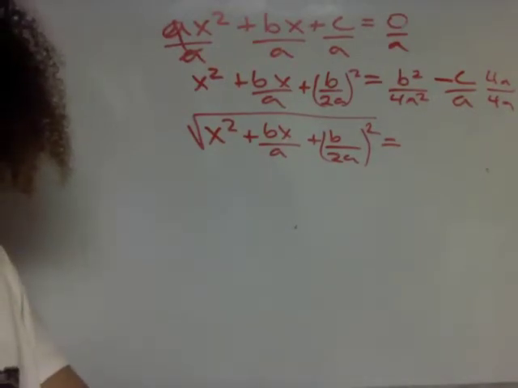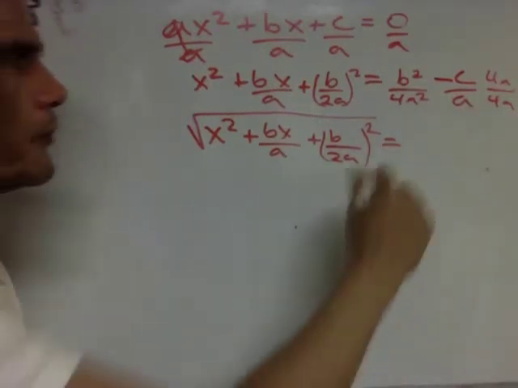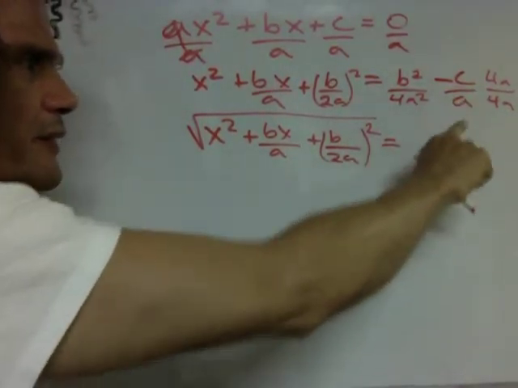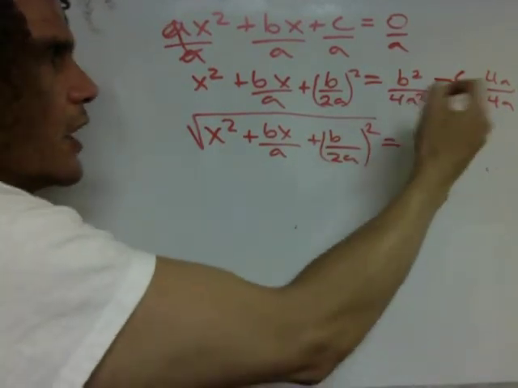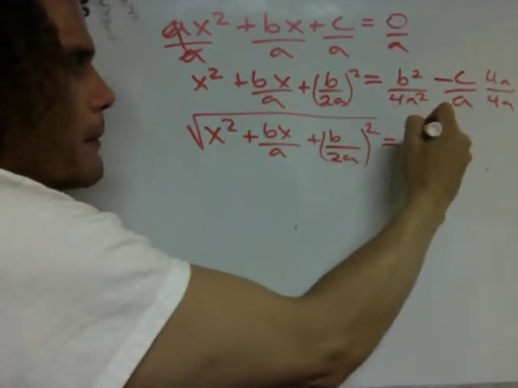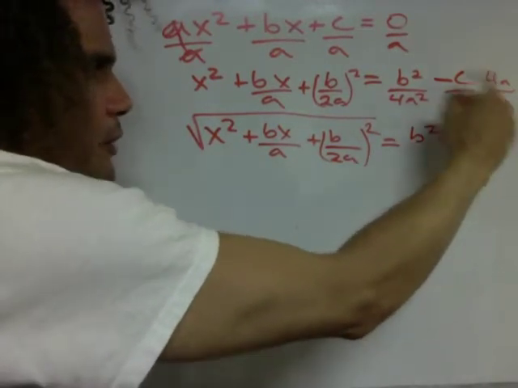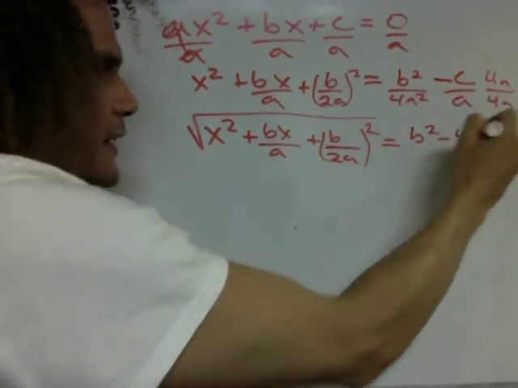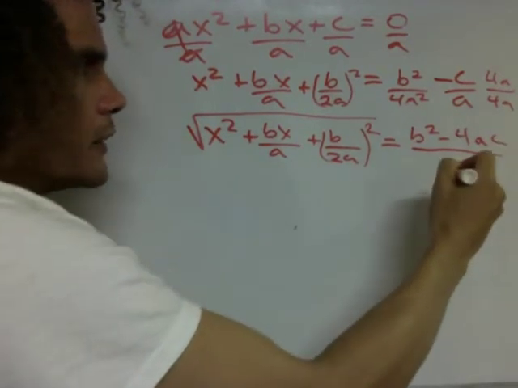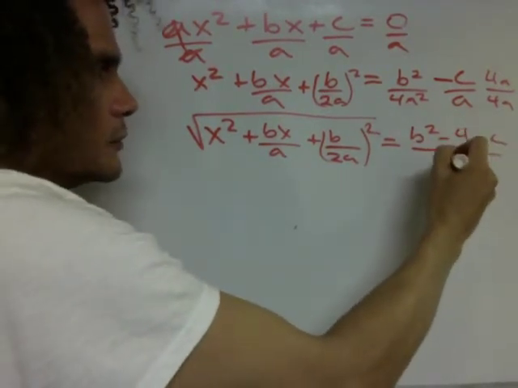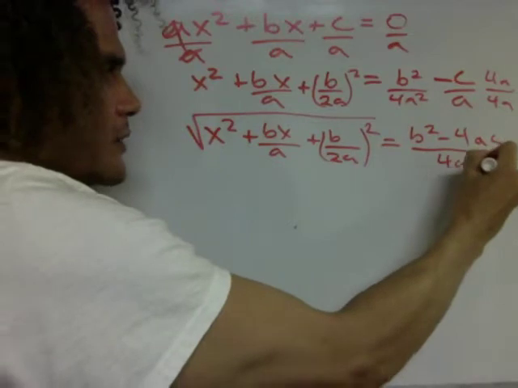So here I show you very quickly and easily, we're just multiplying by 1, right? When I multiply by 1, I don't change it. Okay, so I'm going to wind up with b squared minus 4ac, I'm just going to put it in the other order, all over 4a squared.